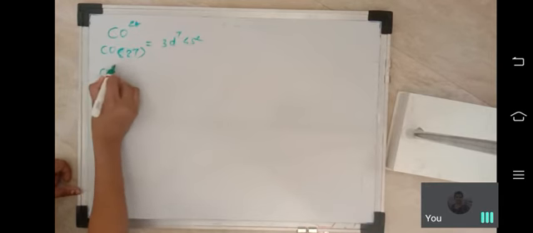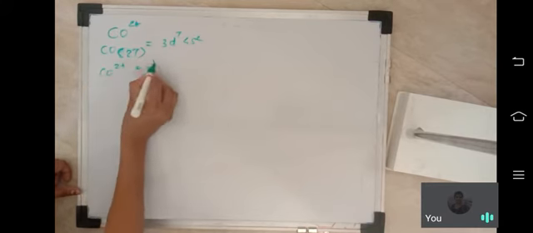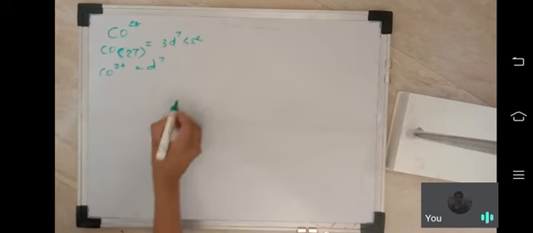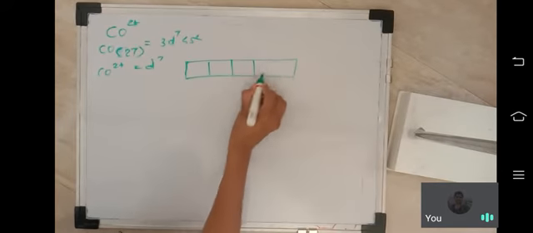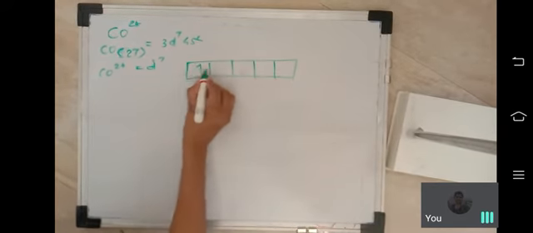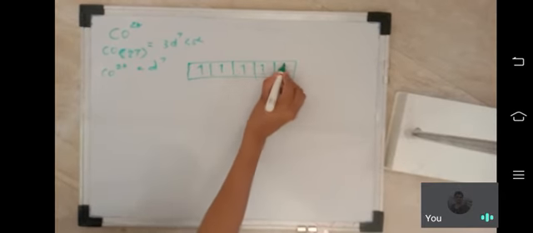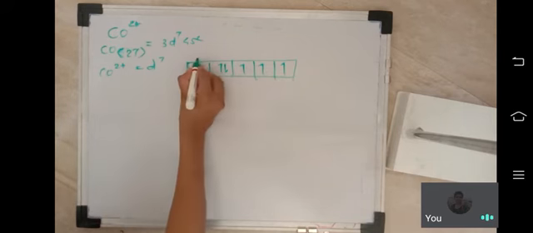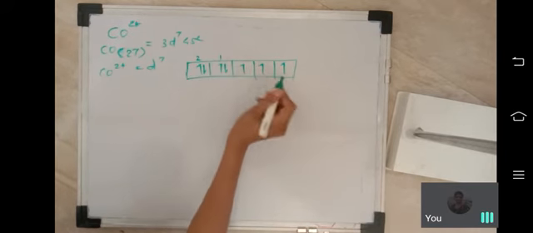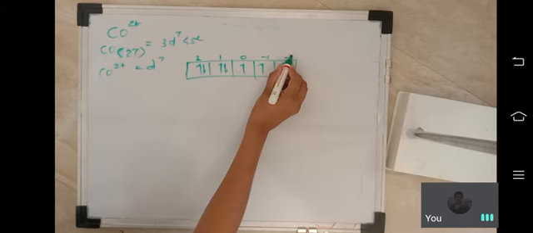Here the cobalt 2 plus ion is there, so d7 is there. You just fill the electrons in the d orbital, 1, 2, 3, 4, and 7 electrons are there, 1, 2, 3, 4, 5, 6 and 7. Here pairing is there, and you write the values of L: 2, 1, 0, minus 1, minus 2.